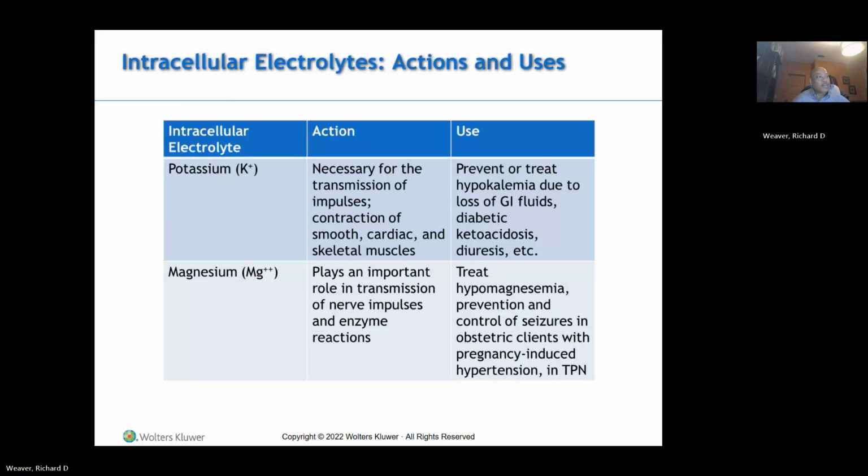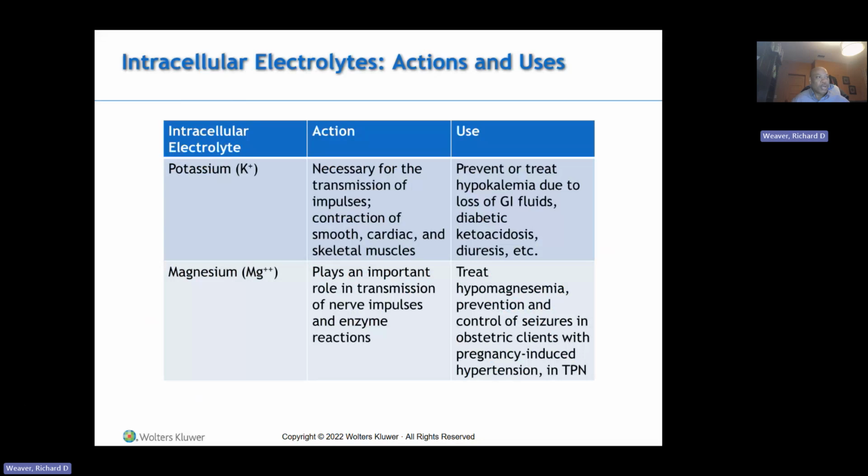Now, we use this particular electrolyte to prevent or treat hypokalemia due to loss of GI fluid. Somebody might be throwing up a lot, vomiting. Also in diabetic ketoacidosis, remember in DKA, patients are initially hyperkalemic, and then as the body begins to diurese all that sugar, it loses potassium also.